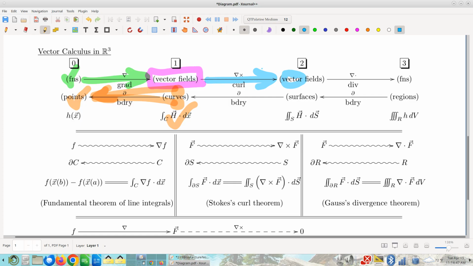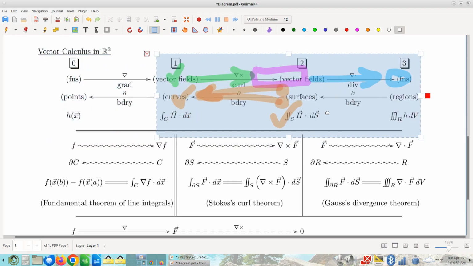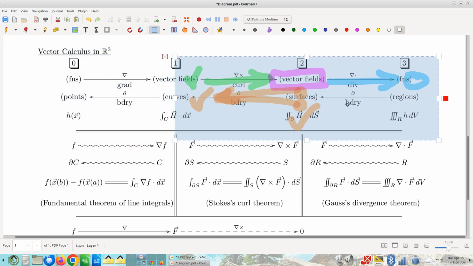I made the claim previously, but now it'll actually make sense. This coincidence of these three simultaneous properties totally works one dimension over.